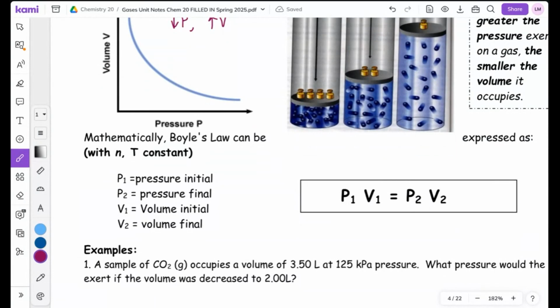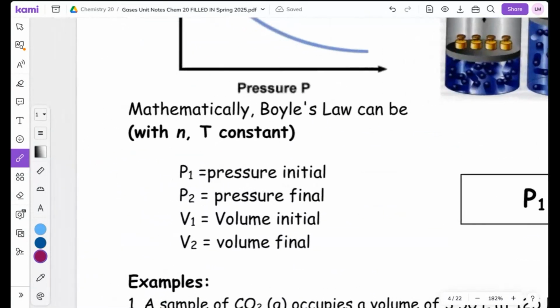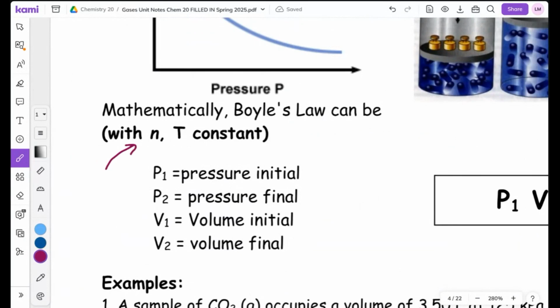So, as I've said previously, the assumptions made for Boyle's law are that the amount, or the moles, of the gas are going to stay the same, and the temperature is also going to stay the same.